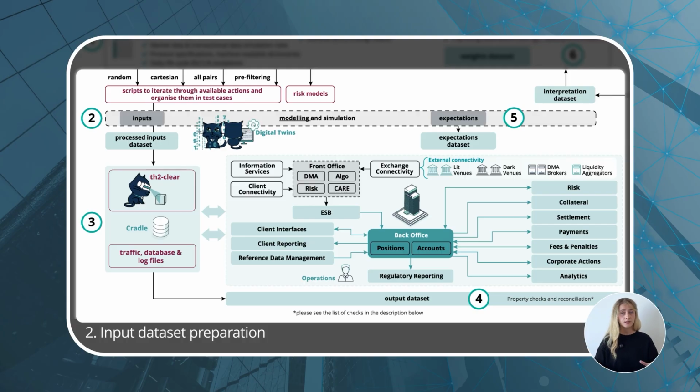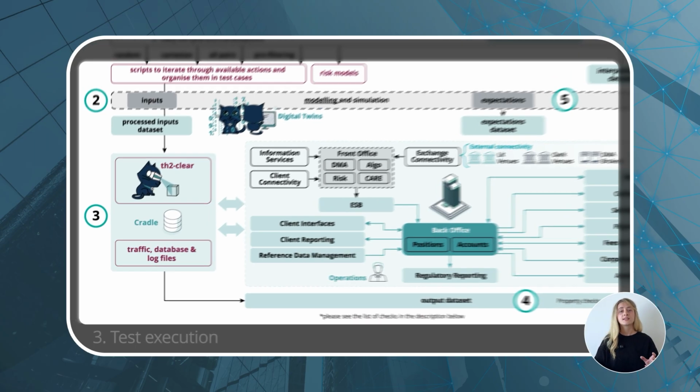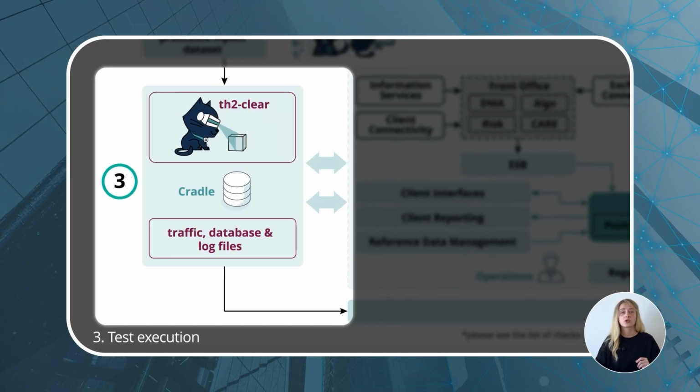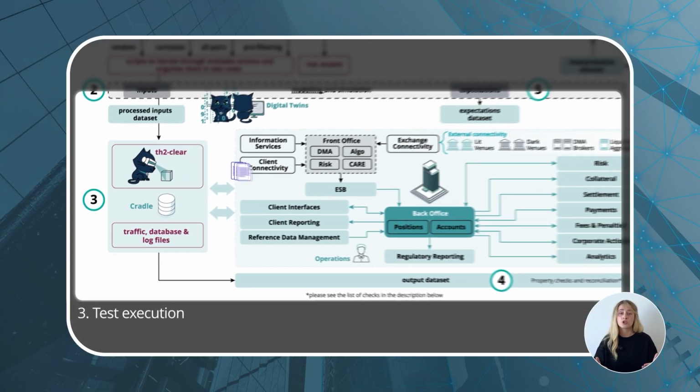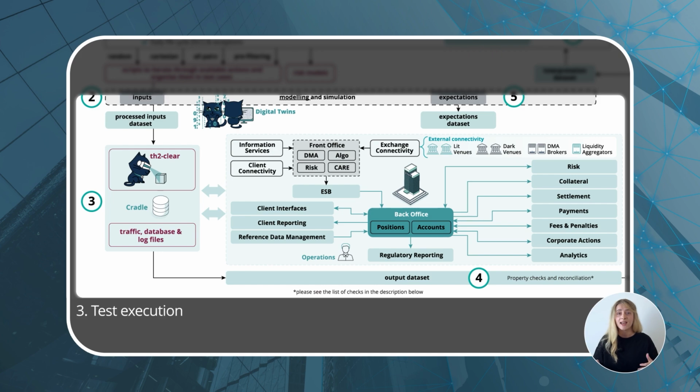The core system under test model will be further fine-tuned based on the analysis of test inputs and outputs. Step 3 is test execution, meaning running the test we have generated against the system under test and compiling the output dataset with the actual results we received.